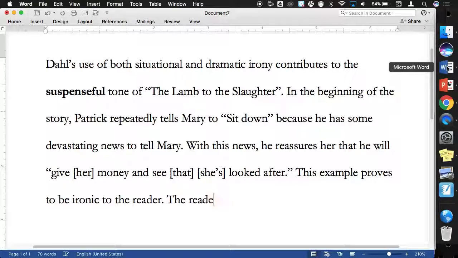The reader has no idea that Patrick would want to divorce Mary.